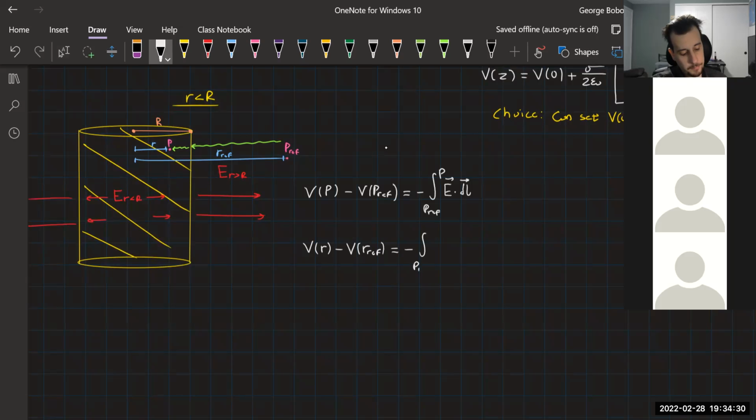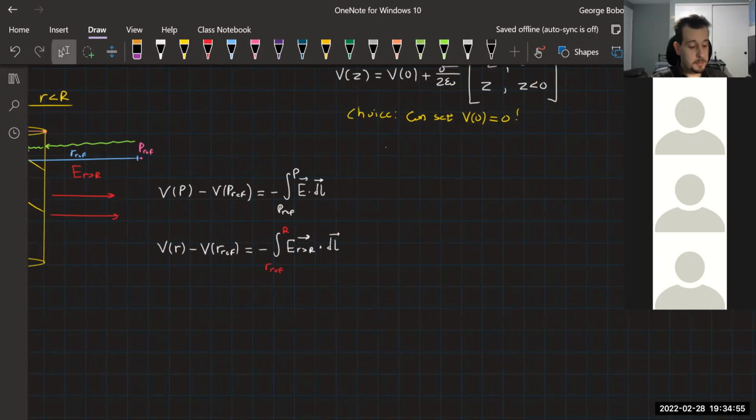So I go over here and I put in now my electric fields. When I start at my reference, my electric field is the one outside. So R greater than capital R. This electric field acts on me until, you can see here, until I hit the radius capital R. You see? Perfect.